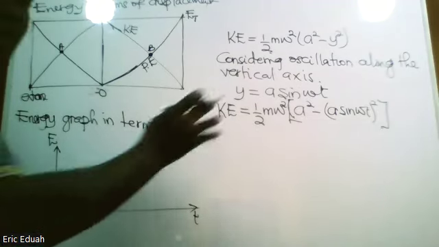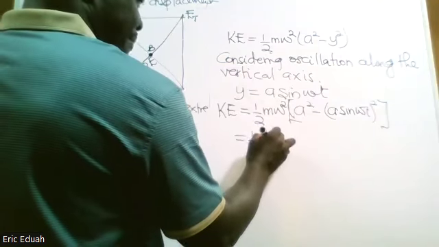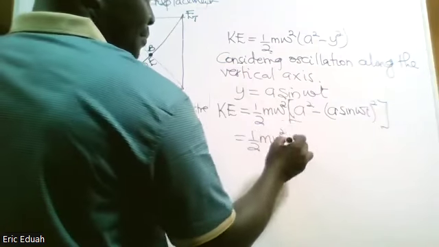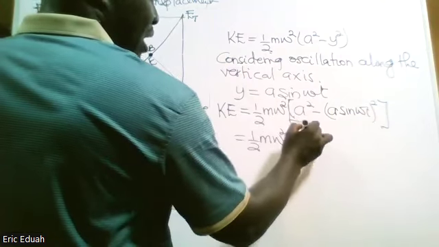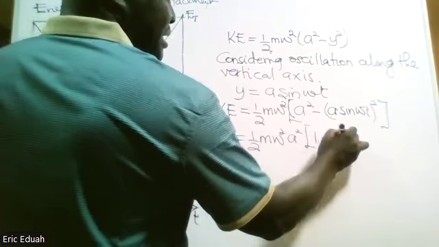When we expand this, we have half m omega squared a squared (1 minus sine squared omega t).